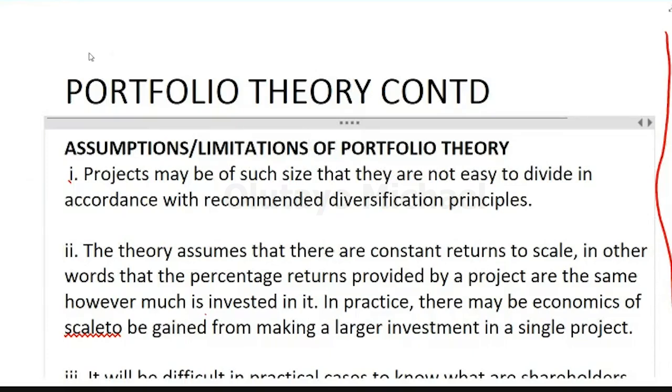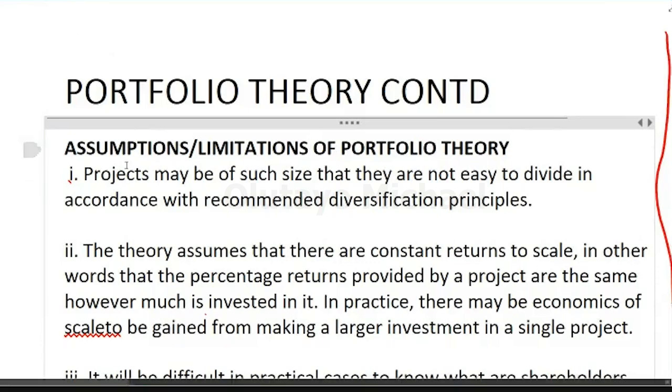Roman figure 1 says that projects are divisible. It assumes projects are divisible, but in the real world, projects may not be of such size that they are easy to divide in accordance with the recommended diversification principle.